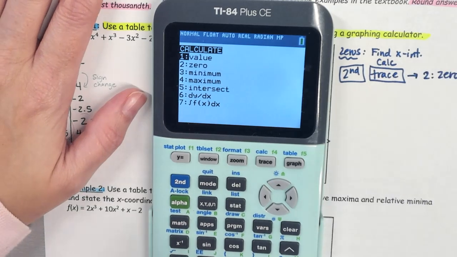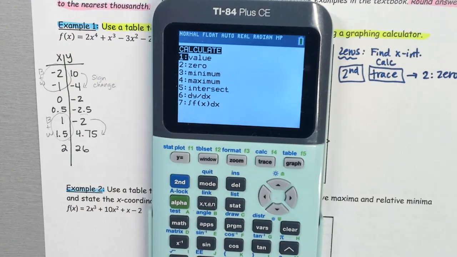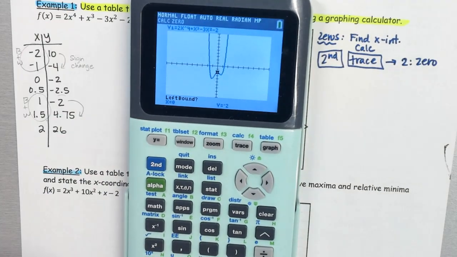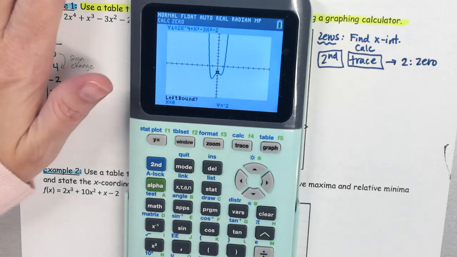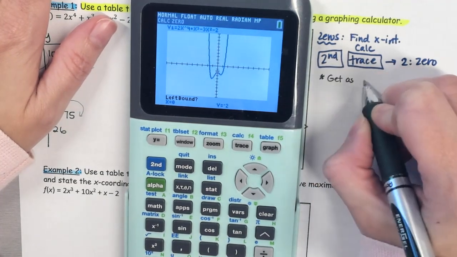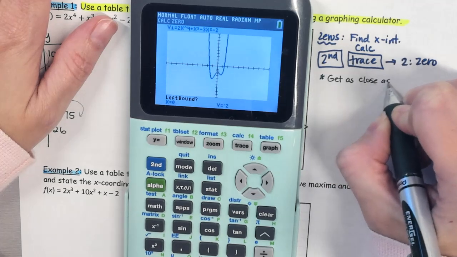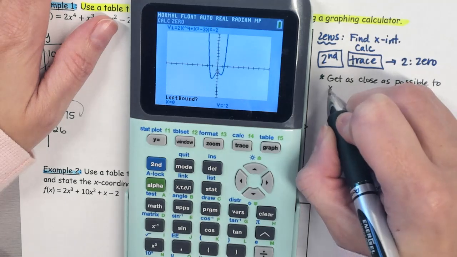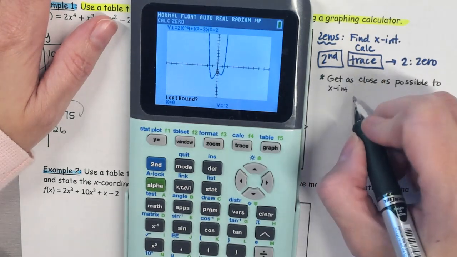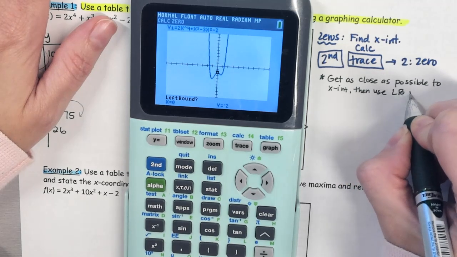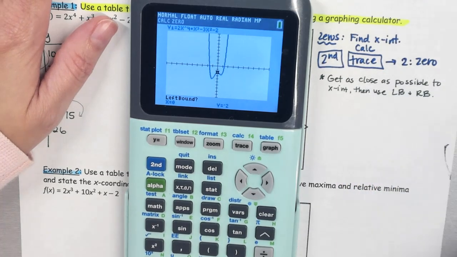It is number 2. You can just press number 2 and it will take you there. And there's our good old buddy left bound. So the goal is to get as close as possible to the x-intercept, then use the left bound and the right bound.